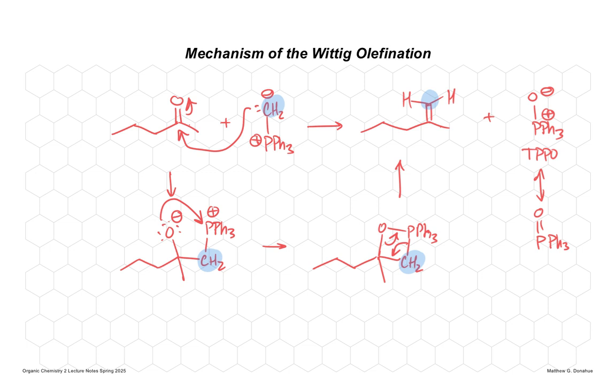So you're essentially looking at the alkene and slicing it in half. One goes to the carbonyl, the other goes to the Wittig reagent. So that's the sort of classical form of it. There are many variants of this.